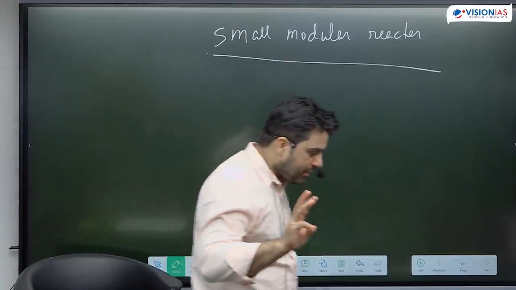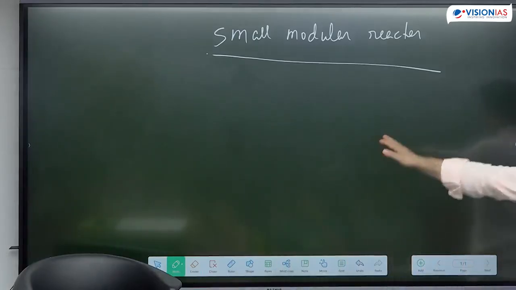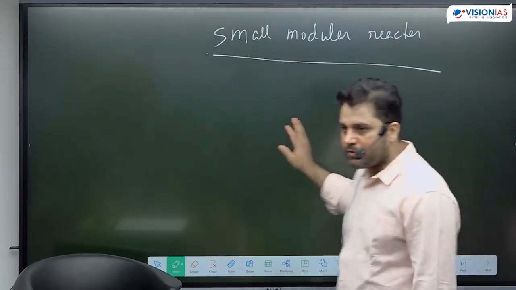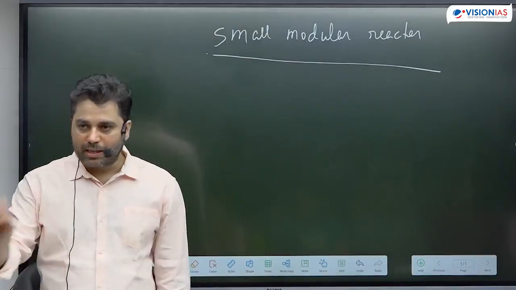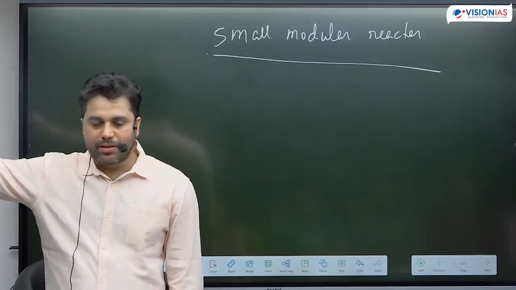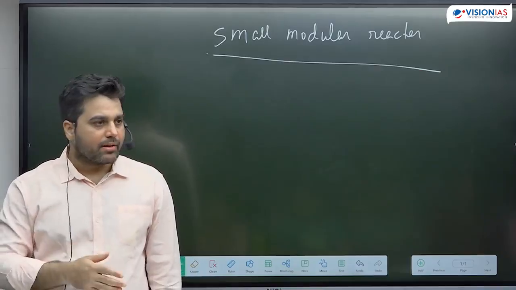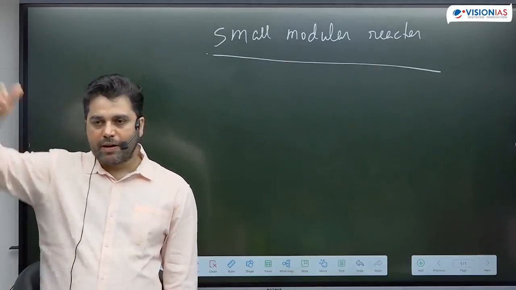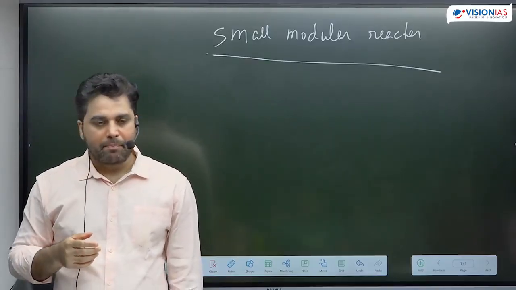And third, जो अभी small modular reactor के designs हैं, they are like this, that once you load the fuel, you do not need to refuel it for 5, 6, 7 years. In case of a typical reactor, it was 2 to 3 years. I told you that once you load the fuel in a typical large nuclear reactor, you do not need to refuel it for the next 2-3 years. In a modular reactor, the same time is 4, 5, 6, 7 years.